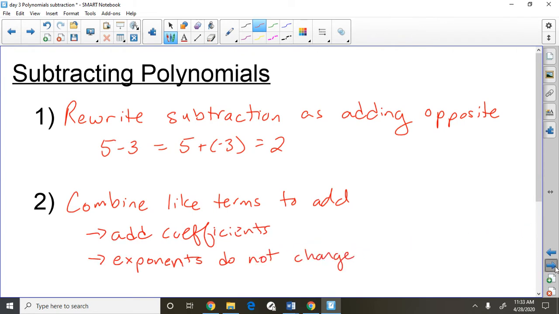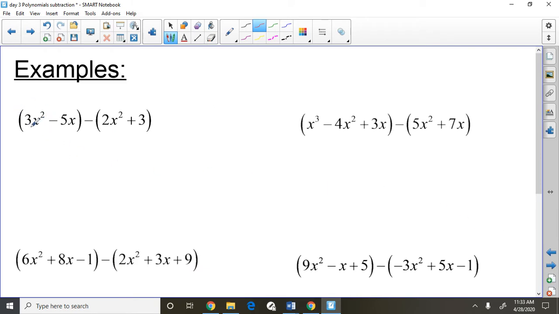Couple examples. Here I have 3x squared minus 5x minus 2x squared plus 3. So when you rewrite it as adding the opposite, you don't change the first polynomial. What I want to rewrite is instead of subtracting 2x squared plus 3, I want to add the opposite of that.